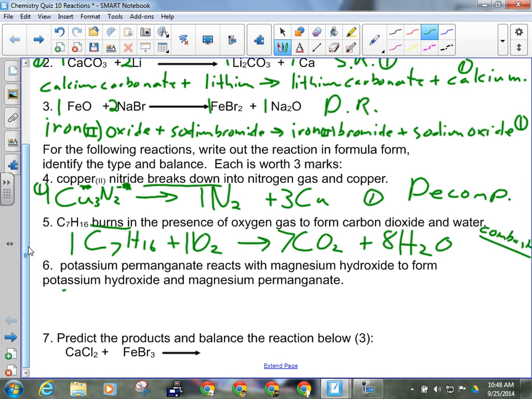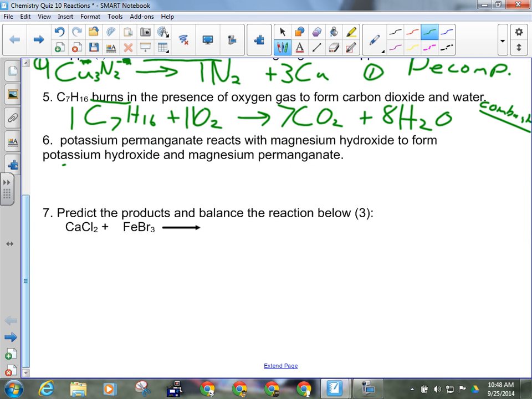All right. For number 6, potassium permanganate, KMnO4, reacts with magnesium hydroxide. Here's the one people didn't have swapped and dropped correctly. This is +1 and this one's -1, so that was fine. People had that one fine. This is 2 plus, this is -1.